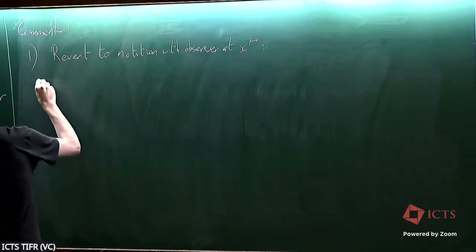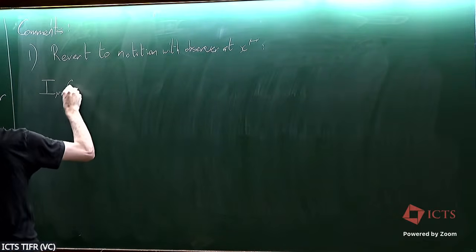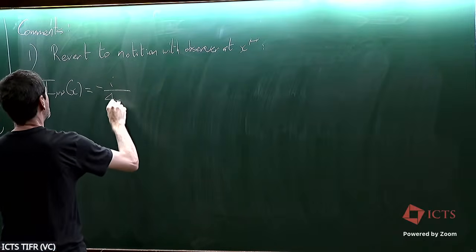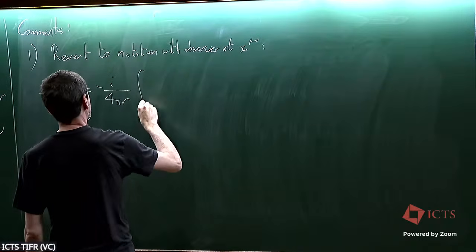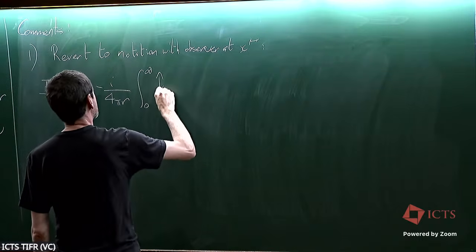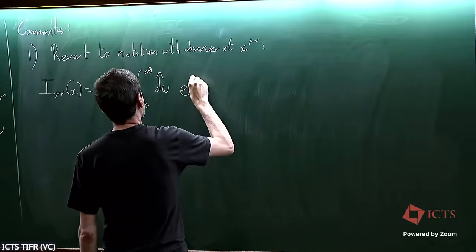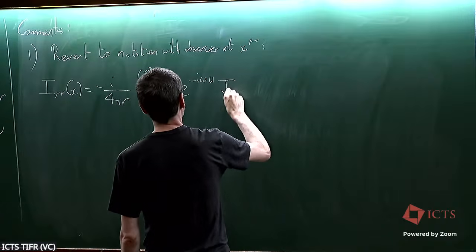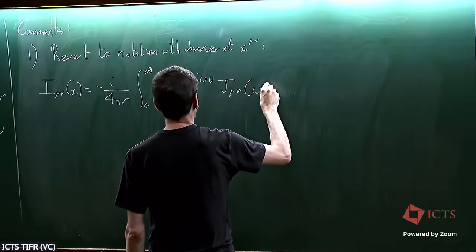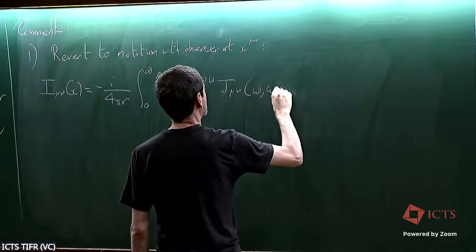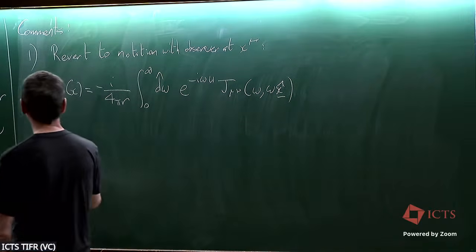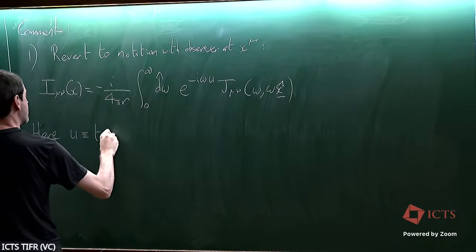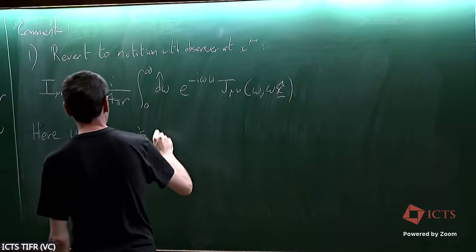So then we'll have I mu nu of x is minus I over 4 pi r. I'm going to define t minus r to be u, the retarded time.